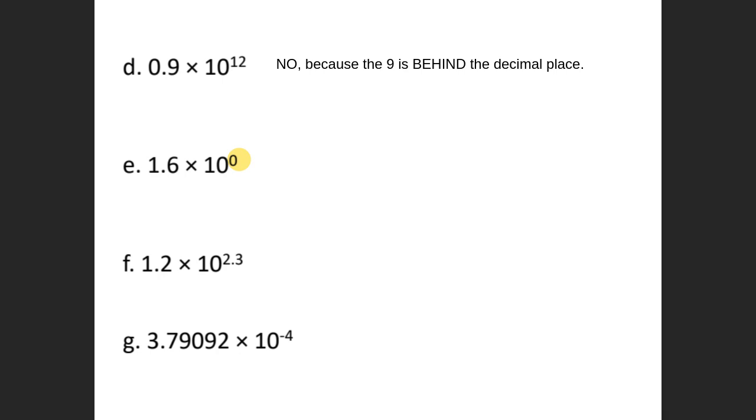I'm glad that you brought that up. 0 is a whole number. Now, I know this goes back all the way to day 1 and 2 of our class, but 0 is a whole number. And 1, that's a non-zero digit. It is to the left of the decimal place. Therefore, yes, this is a number written in correct scientific notation.